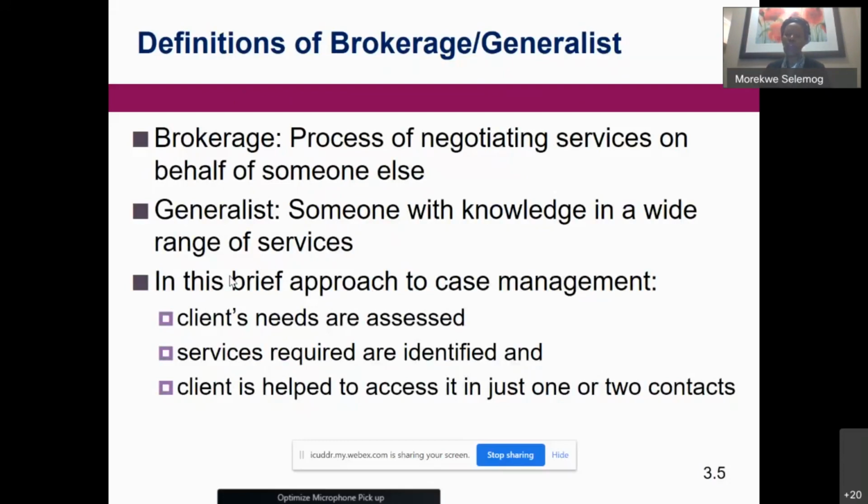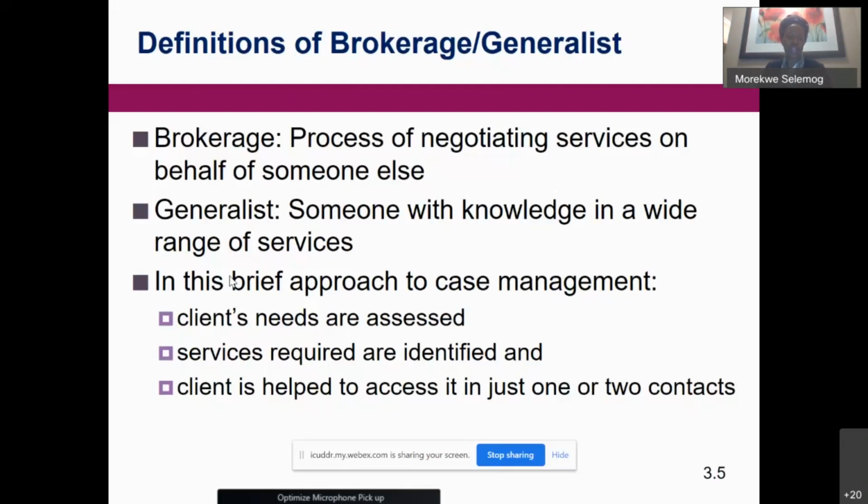When you do have a broker, that person has a clear understanding of the services that are offered, and hopefully also a clear understanding of the services that a client needs. In curriculum 5, you saw the importance of doing a thorough assessment, and the information from the assessments gives the case manager an idea of which services one can negotiate for, right?